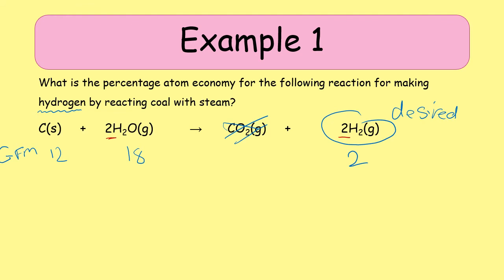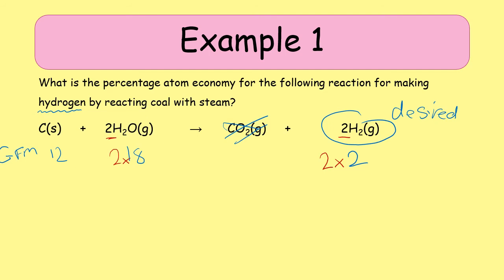This is the only time where I would ask you to use that molar ratio value in relation to the GFM. So here we're going to have to multiply that one by 2 because there's 2 waters reacting, and we're going to multiply that one by 2 because we're making 2 hydrogens.